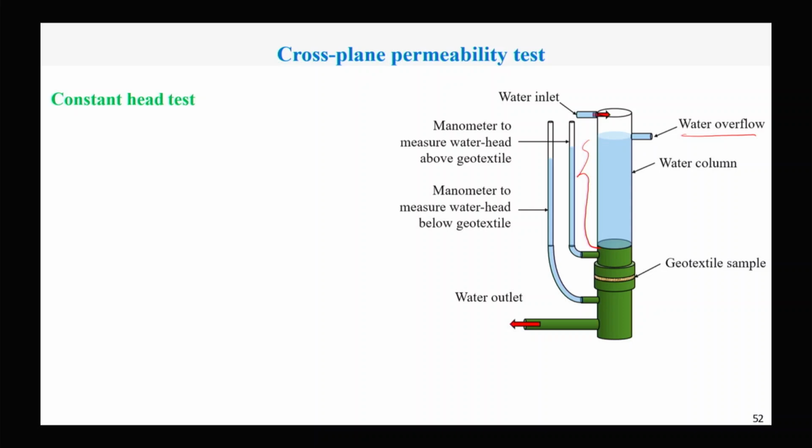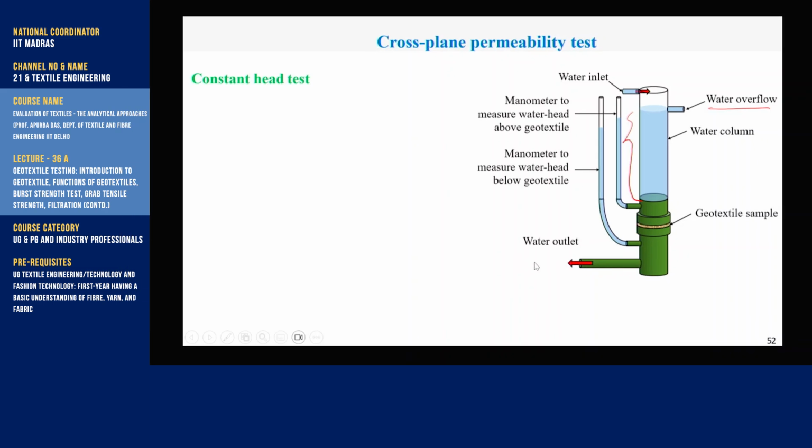Two manometers, above and below the geotextile specimen, show the pressure difference across the plane, and at the water outlet we can measure the water flow.